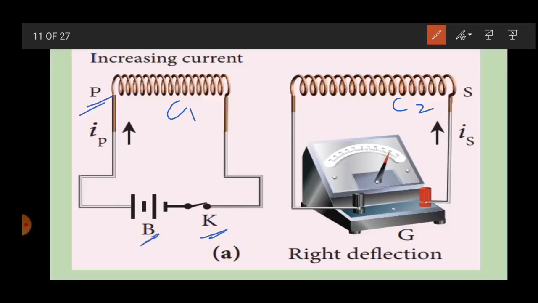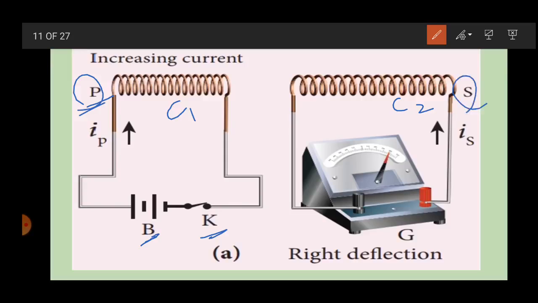This is called the primary circuit. This other circuit, with the coil S, is the secondary coil. We call it C2. A galvanometer is connected across it, and this is known as the secondary circuit.